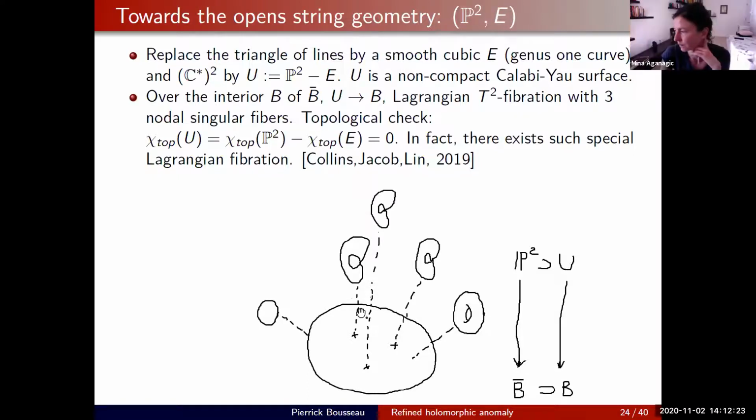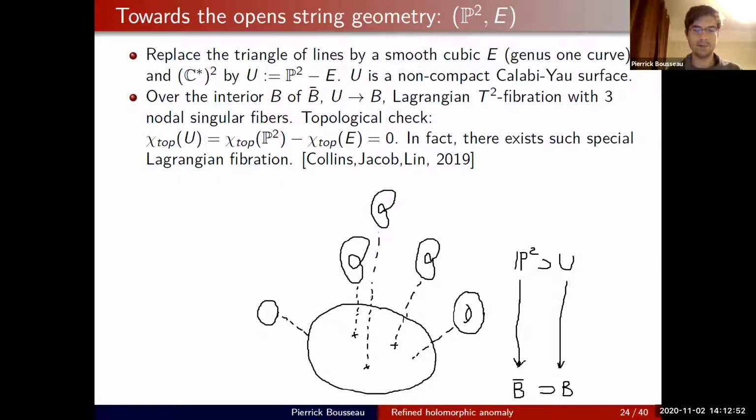Essentially, I will look at a compactified version of this mirror picture where you compactify these genus 1 curves. I will look at a mirror family, which is just a family of genus 1 curves. And then a combination of string dualities tells you that you should look at some NS5 or M5 brane wrapping such a curve.